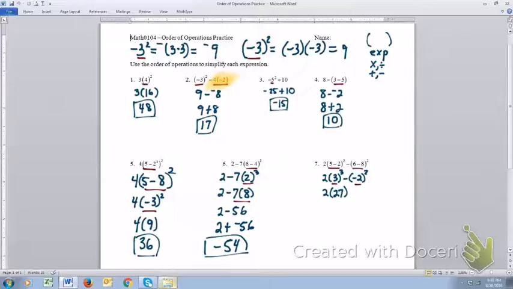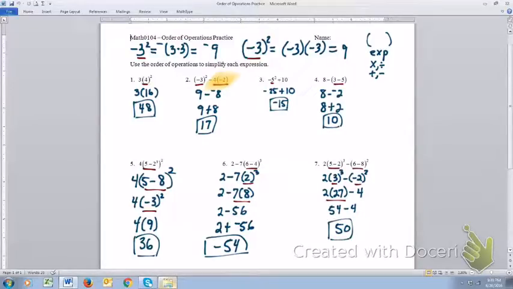And then subtraction, that's going to come last. Negative 2 squared, that's going to be a positive 4. It's negative 2 times negative 2. But we're subtracting it, so it's minus 4. So we'll multiply next. We get 54 minus 4, so we're going to get 50 there.